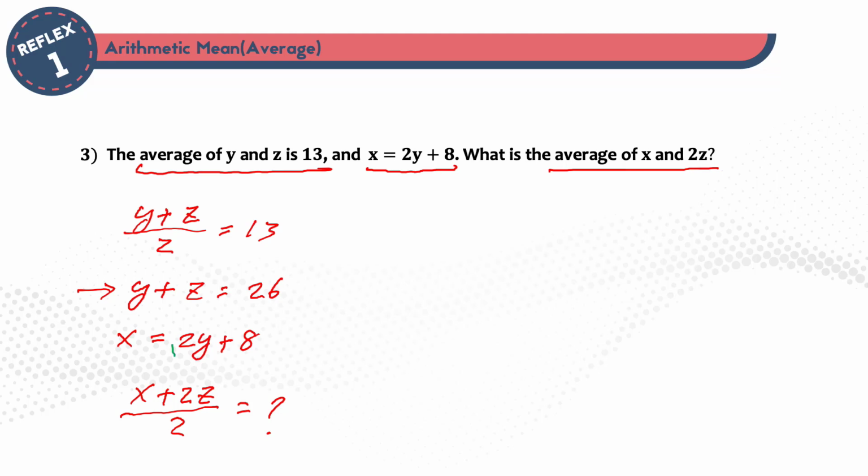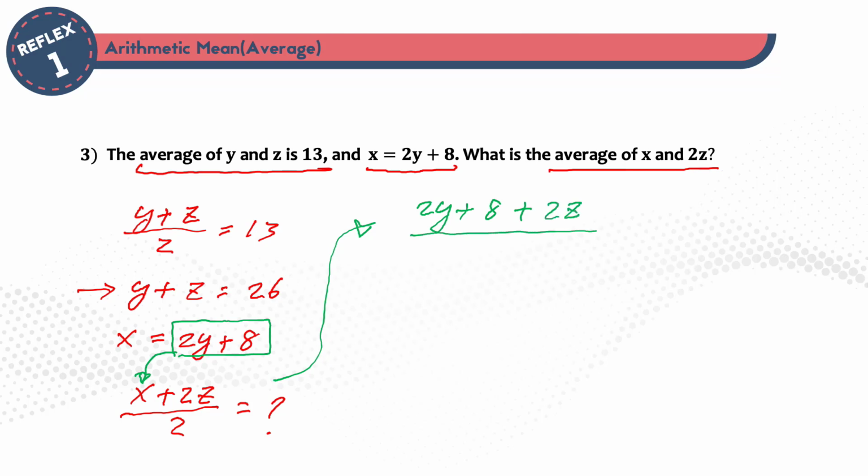Now, check it out. If x is equal to this, let's do a substitution right here. And we have the following. 2y plus 8 plus 2z, divided by 2, is what we're looking for. Now, this can be reduced to the following. Reduced by 2, 2 to 1, 1, 8 to 4, and 2 to 1 there.